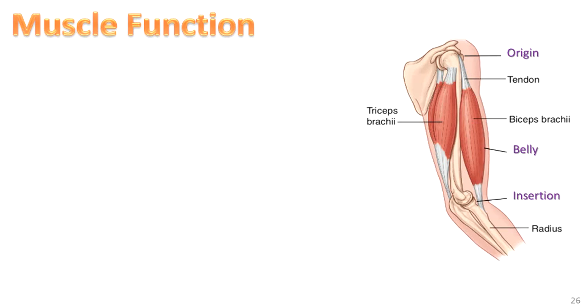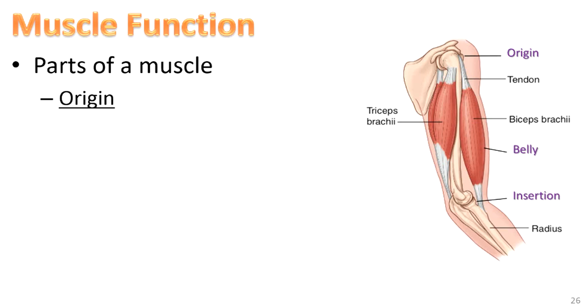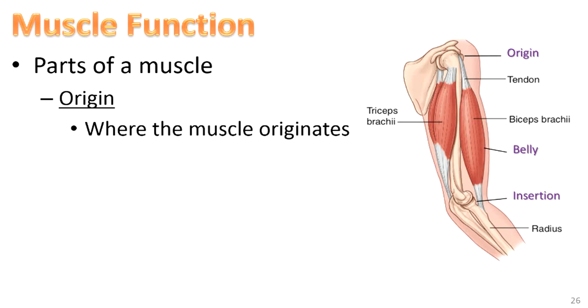All right, so let's talk about some gross anatomy and function for just a second. We've got to define parts of a muscle so we can understand and communicate using words. The first thing we're going to talk about is what's called the origin. This is where the muscle originates. Now, it's not always clear where this is, but most of the time it's pretty simple.